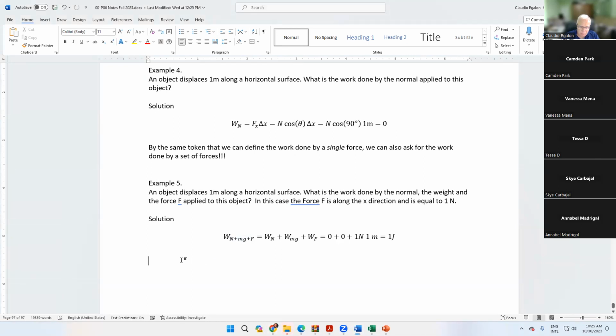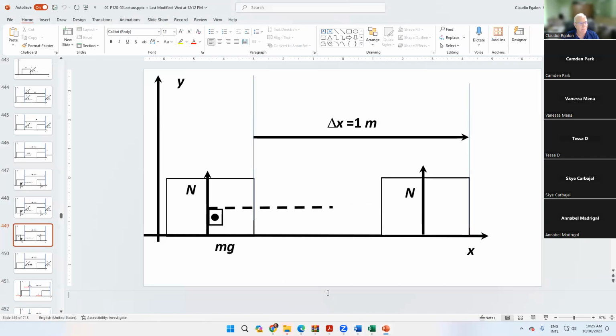And all these examples are examples of the work done by a constant force. What if the force is not constant?